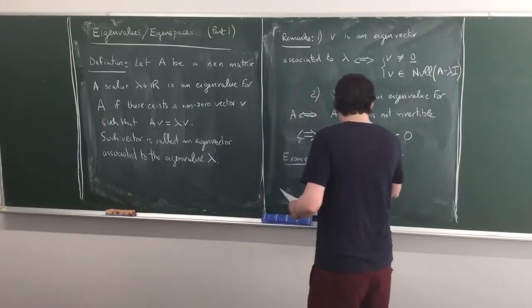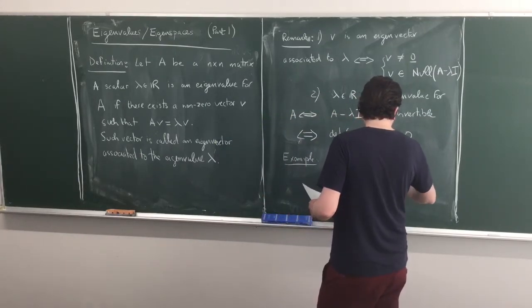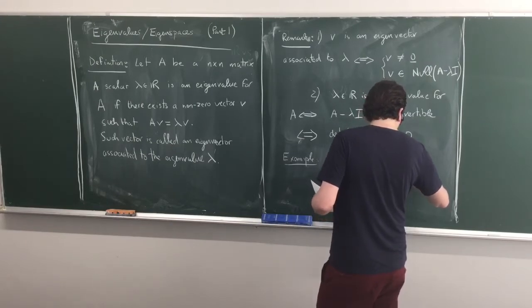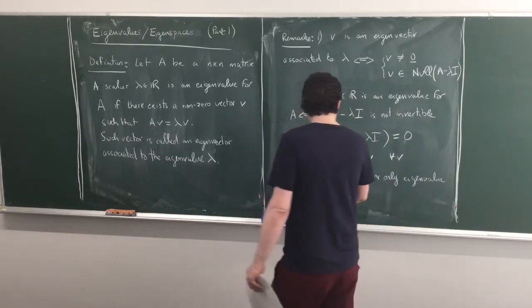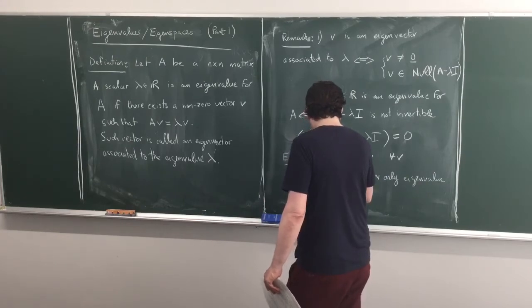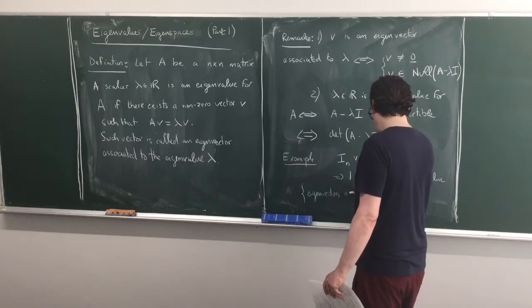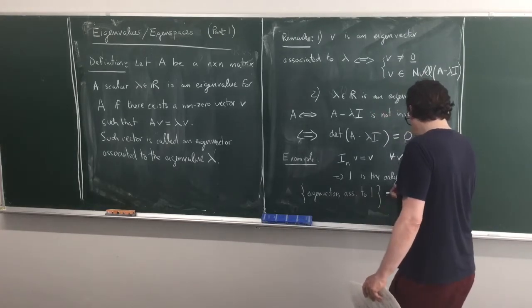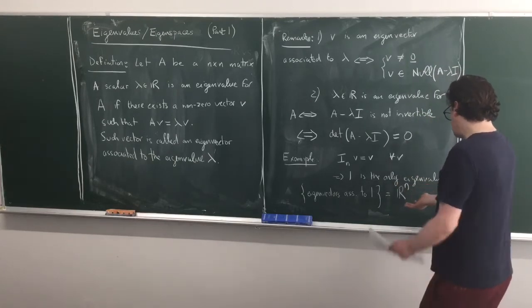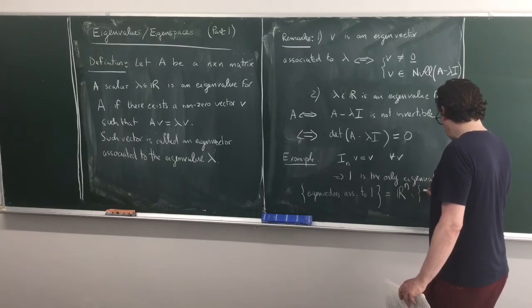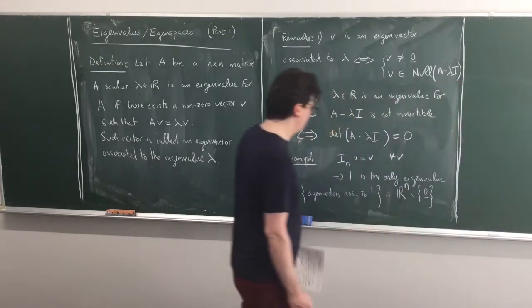So 1 is the only eigenvalue, and the set of eigenvectors associated to 1 is actually equal to R^n, so all the vectors of R^n, except the vector 0, which is never an eigenvector.